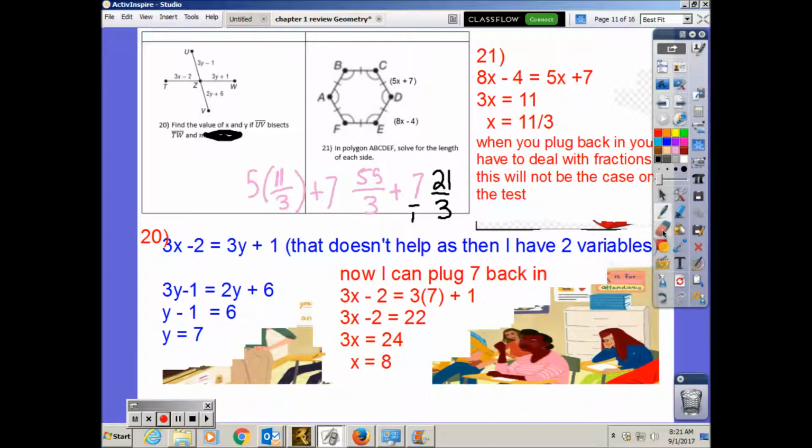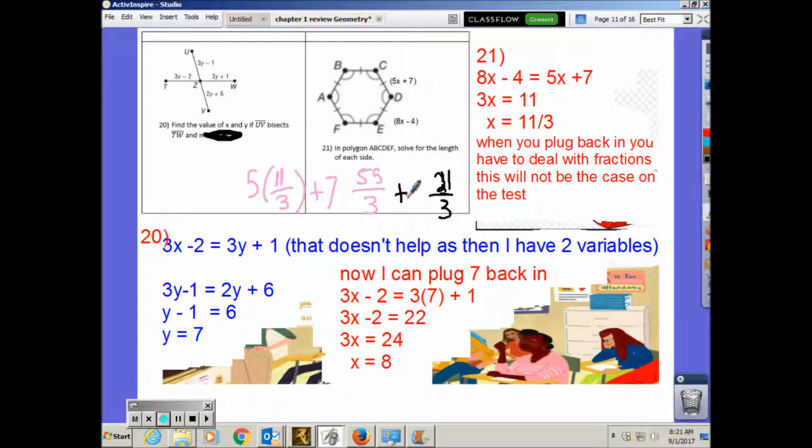I've taken that 7 and I've put it as 21/3. And I have to add those. 55 plus 21 is 76/3. Okay? So 55, 21.